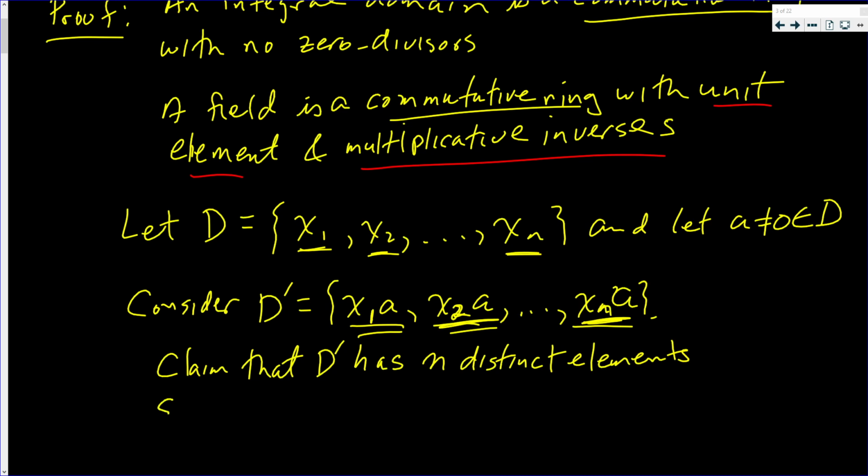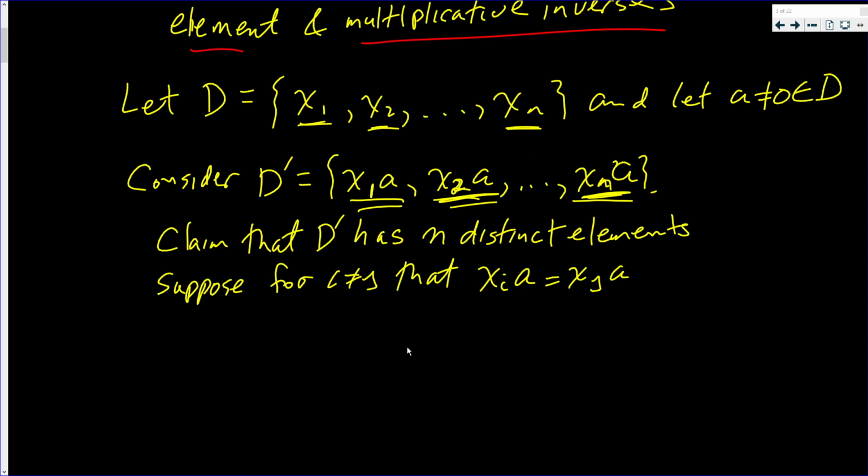Okay, so suppose for i not equal to j that xia is equal to xja. I can bring this to the other side and I'll have that xia minus xja is equal to 0.